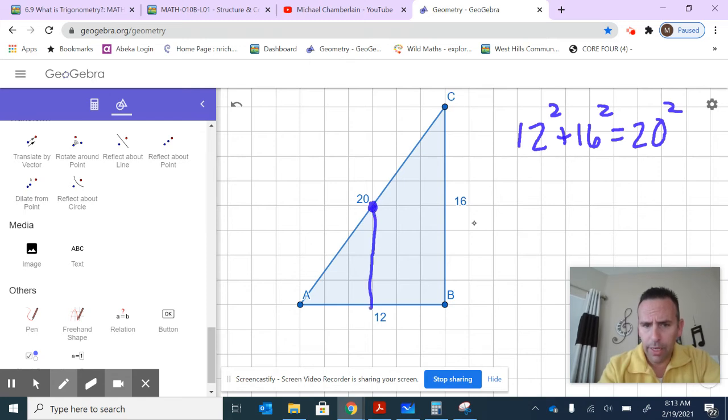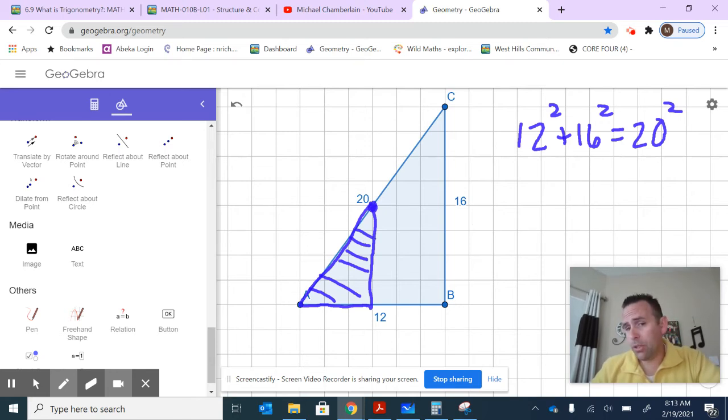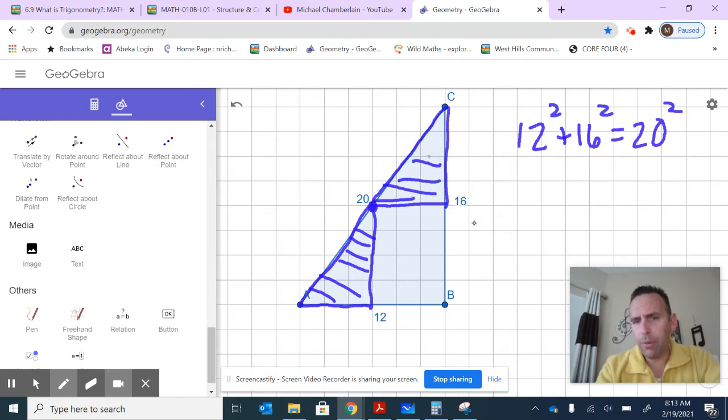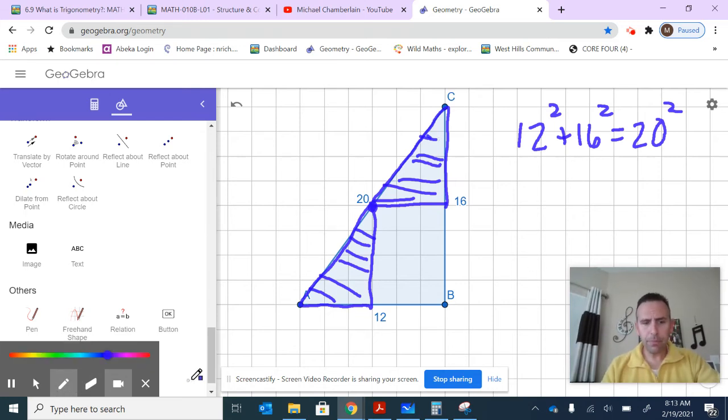If I draw a vertical line here, I create this little miniature right triangle right there. Now, it has different dimensions. Of course, it's smaller. If you were to look at its dimensions, what would happen? Or if you were to create, like I said, a horizontal line, you would create a little right triangle up there. It would also be like a shrunk down version of the big overall triangle.